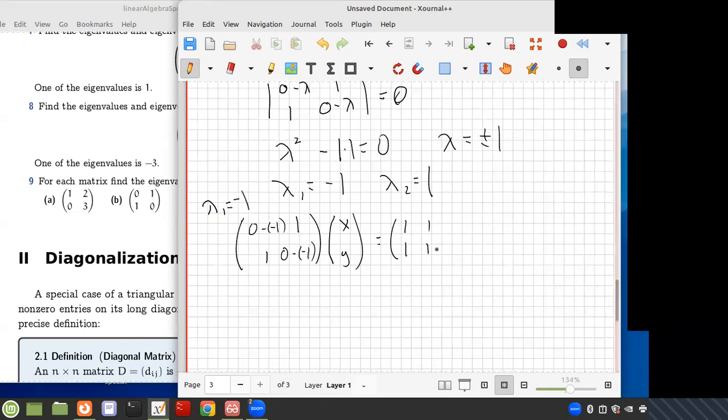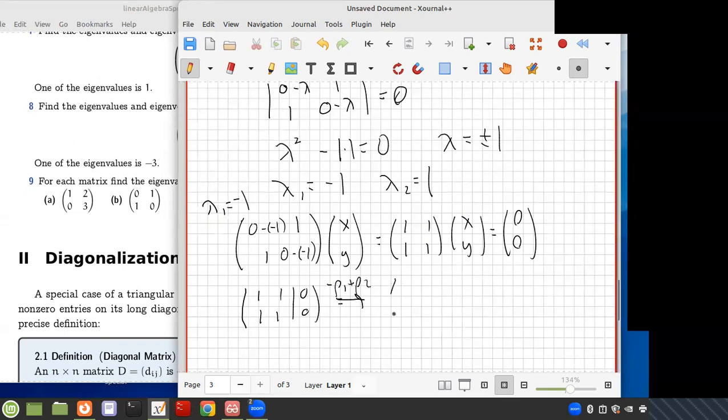it is -1, 1, 1, -1, that's the matrix. So we find this equals 0, 0. And so the augmented matrix does that, and we will then do minus row 1 plus row 2 to get 1, 1, 0, 0, 0, 0, and then the equation is x plus y equals 0, so x equals minus y.